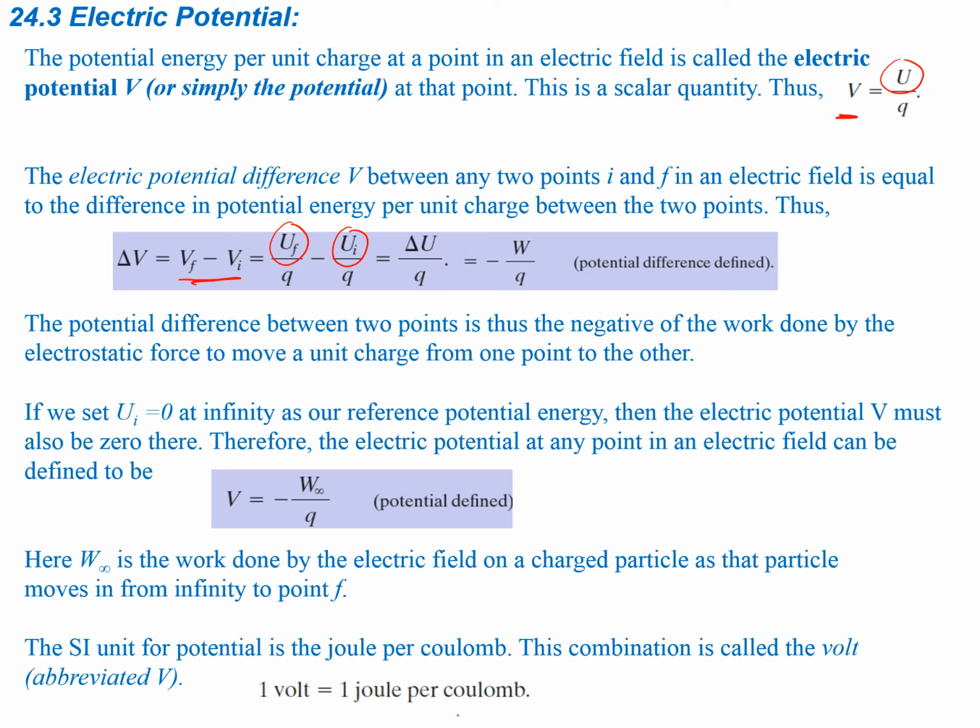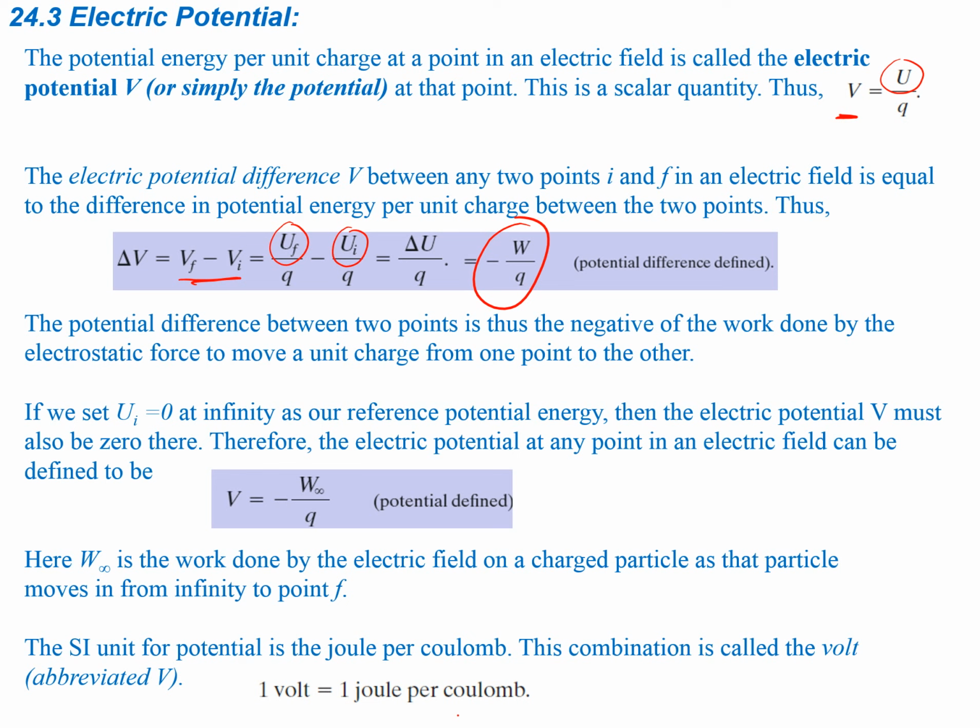Now, if I wanted to relate this to work, our change in potential energy is the opposite of work, so you just get minus work over the charge. So the potential difference between 2 points is thus the negative of the work done by the electrostatic force to move a unit charge from one point to another.